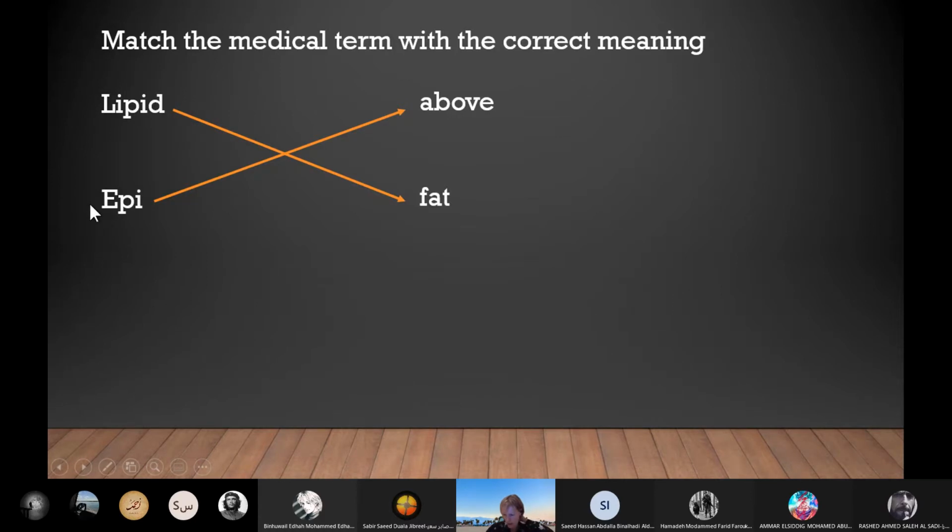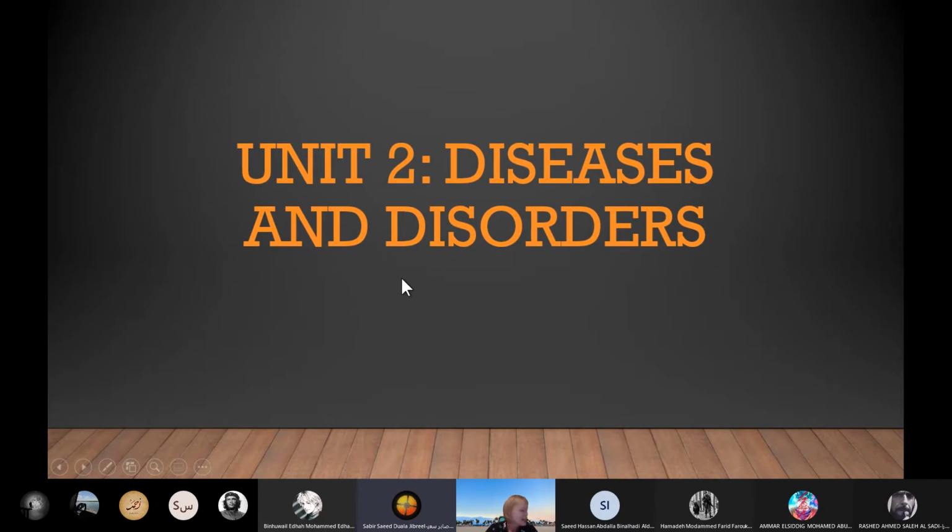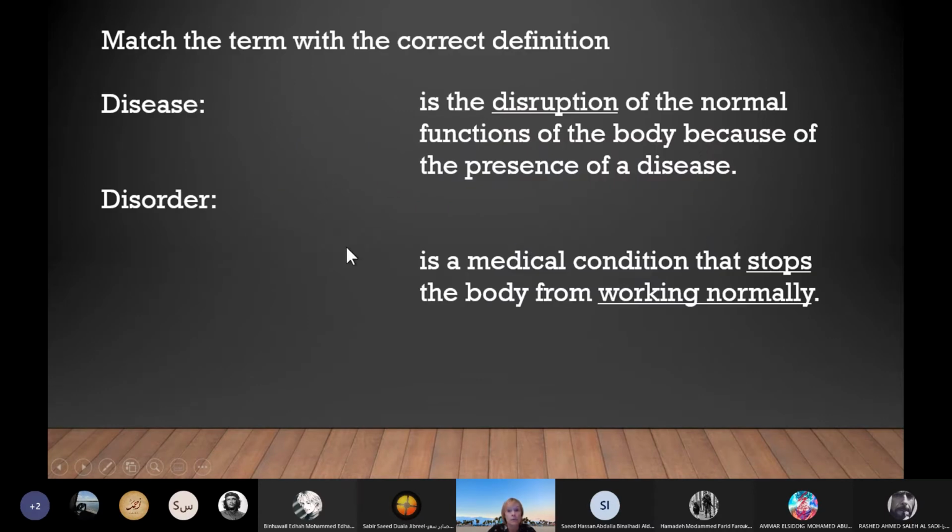I have to look that up. But it was explained to us that it covers a lot of regions, something like that. Okay, so maybe it's above and covering. When you talk about epidemiology, it's studying a very large group of people, so maybe it's the same thing with epidemic. It's a large population.